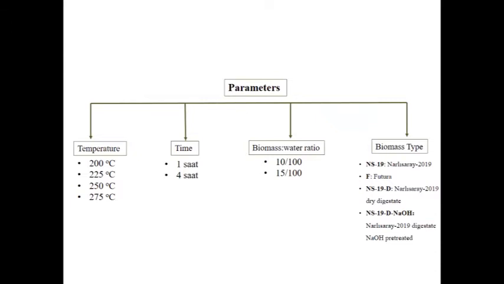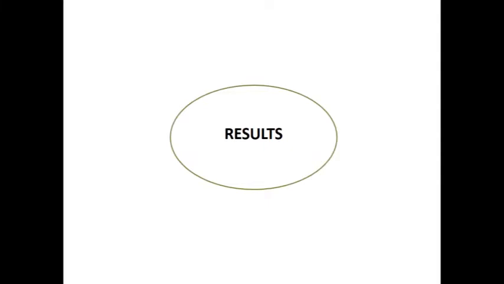Biomass type, as I mentioned before: Narlısaray 19, Futura, Narlısaray 19 dry digestate, and Narlısaray 19 dry digestate pretreated with sodium hydroxide. And we are going to the results.